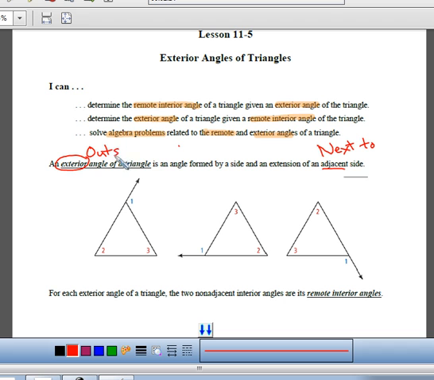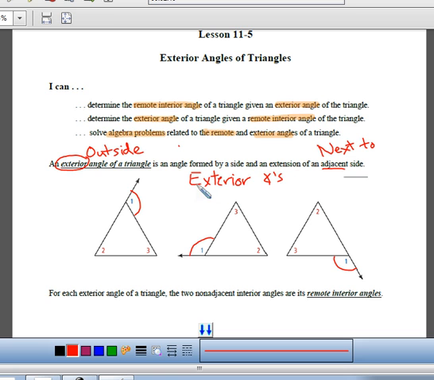So, when I'm looking at these three pictures, if we extend one of the sides of the triangle, it creates an exterior angle. Here, here, and here. So, these are the exterior angles.